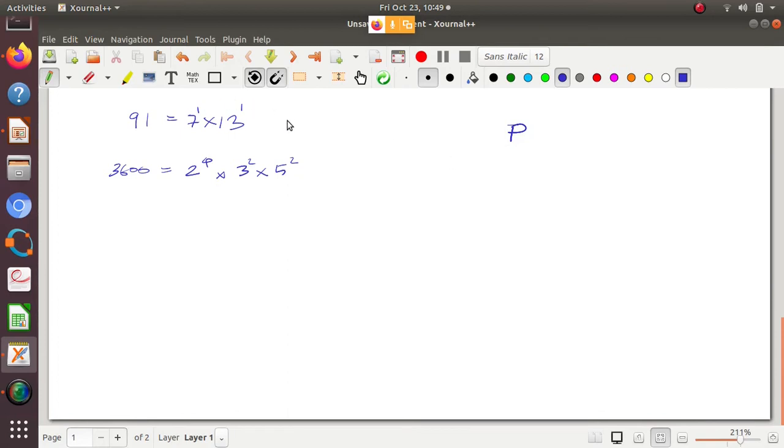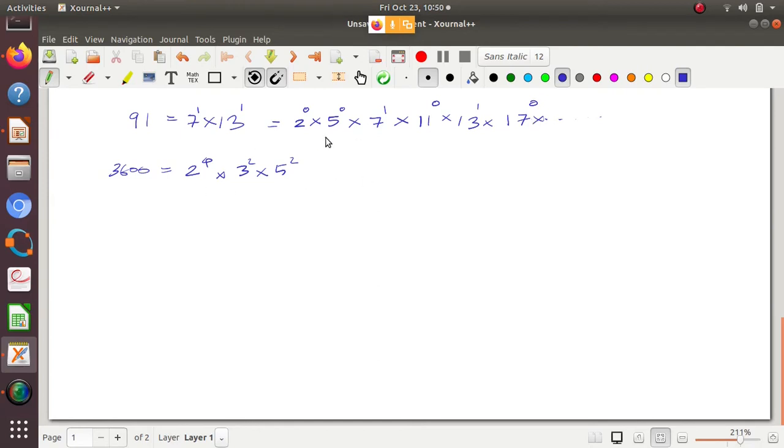That means 91 can be expressed as 2 to the power 0 into 3 to the power 0 into 5 to the power 0 into 7 to the power 1 into 11 to the power 0 into 13 to the power 1 into 17 to the power 0, like that.